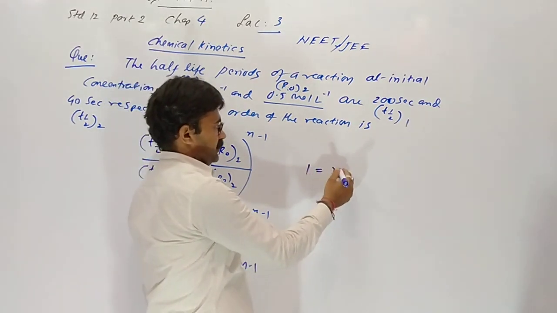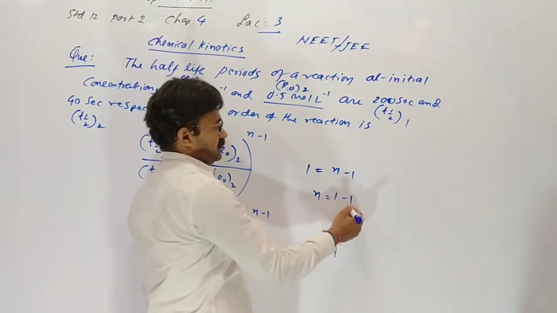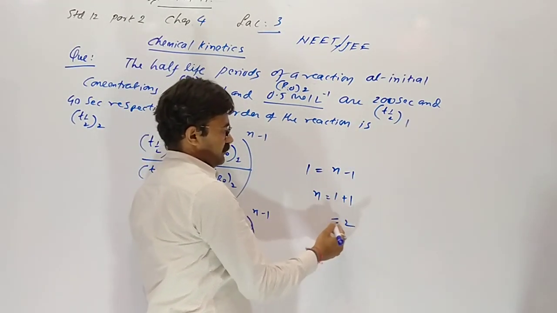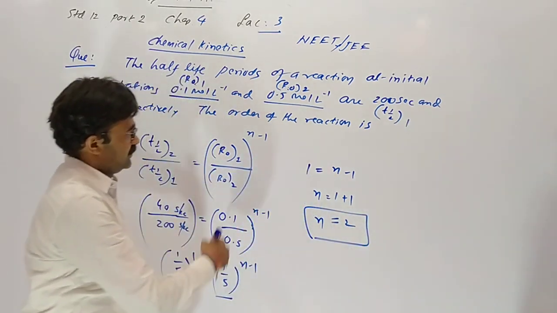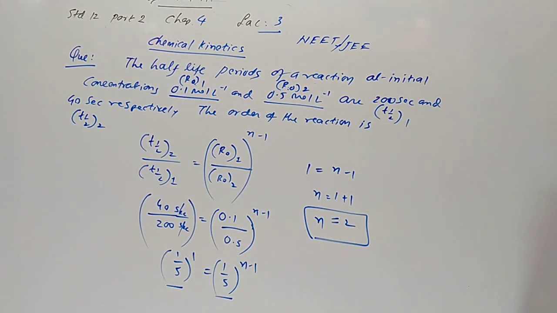So 1 equals n minus 1, so 1 plus 1 will be 2. So the order of the reaction is 2. Understood? This is our trick. Take the screenshot. Now next question.